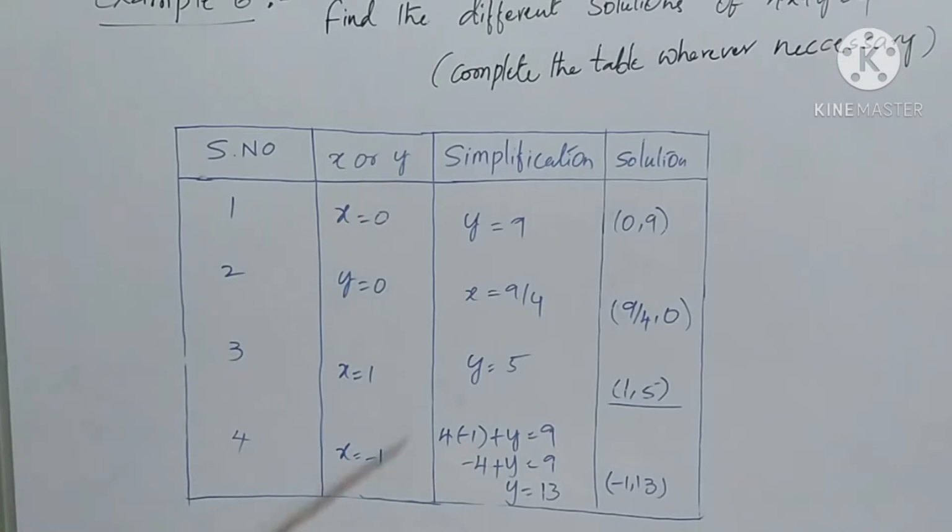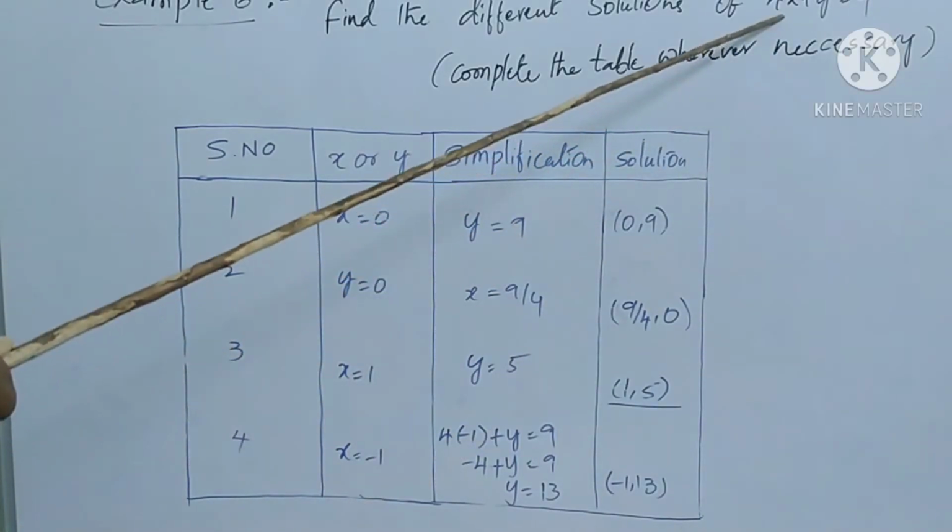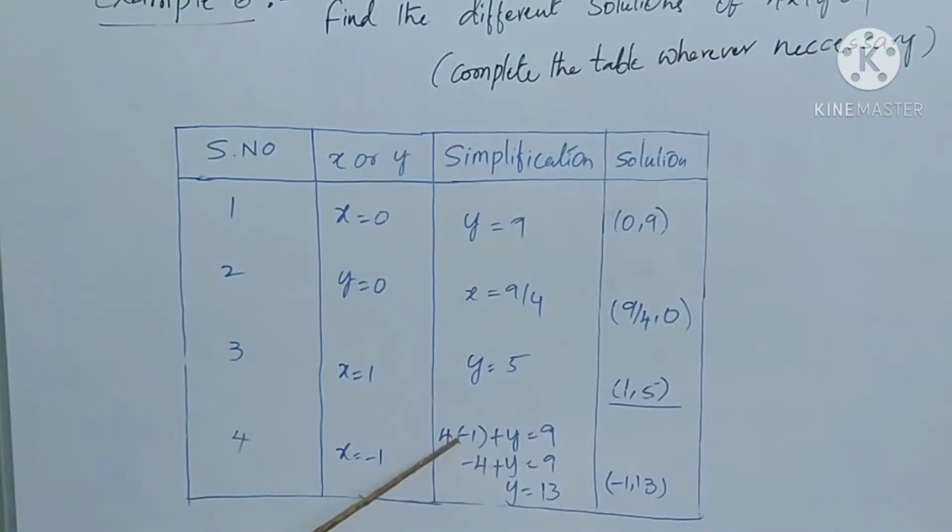And next one, when x is equals to minus 1, substitute x is equals to minus 1 instead of x in the given equation. So 4 into minus 1 plus y is equals to 9. Here plus into minus is minus, 4 into 1, so minus 4 plus y is equals to 9. So y is equals to 13.